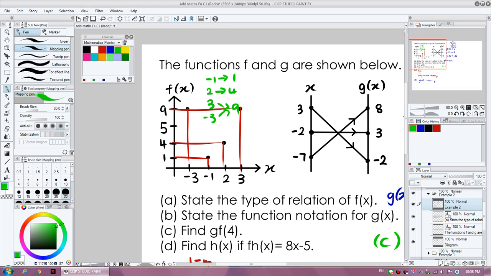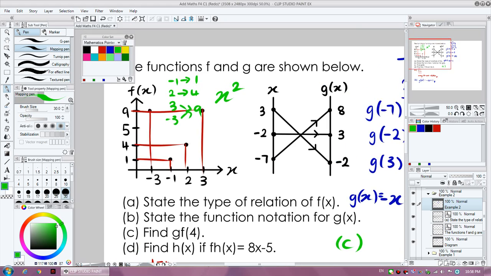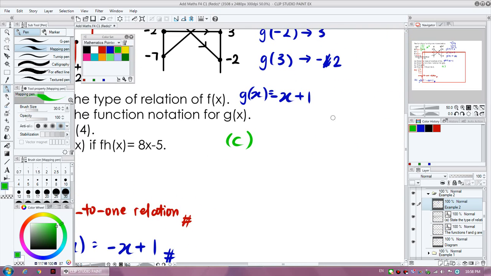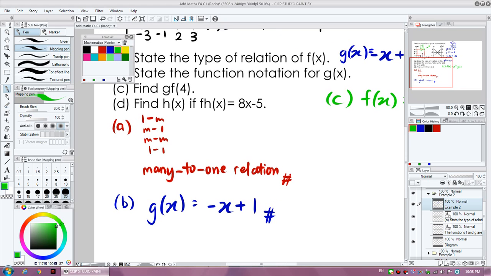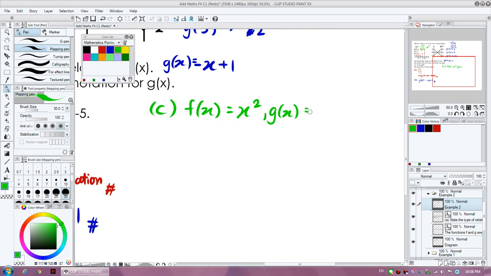What do they all have in common? They are all squared. The objects are all squared to turn into the images. So let me write over here, f(x) equals x squared. And let me write the extra one, just to keep it all on the same question, g(x) equals negative x plus 1.